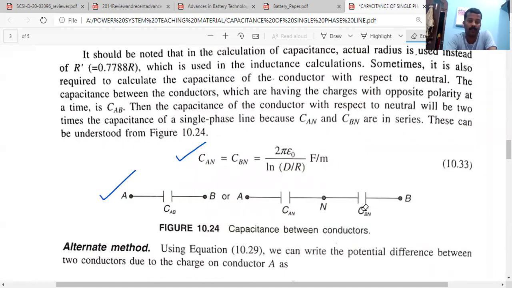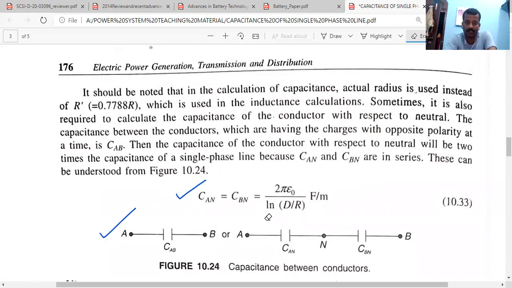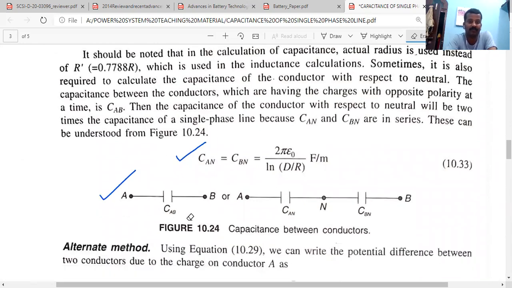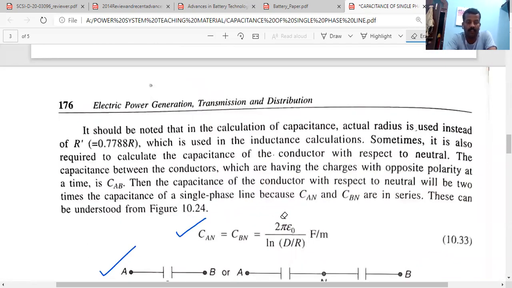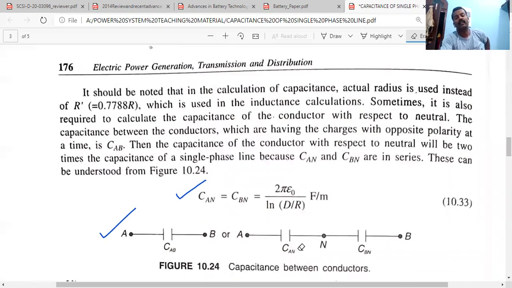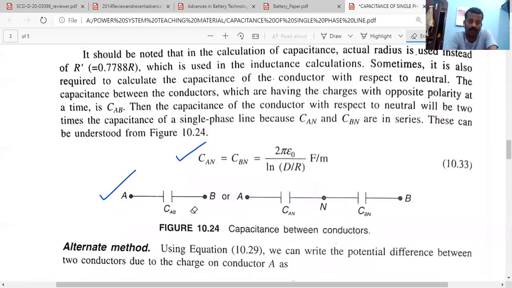Now, how two capacitances will be considered if they are connected in series, or sometimes conductor capacitance is calculated with respect to neutral, and if you know the capacitance of phase A with respect to neutral and phase B with respect to neutral, then we can calculate the capacitance between phase A and B by this concept.